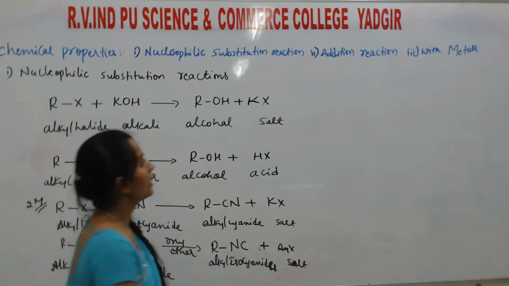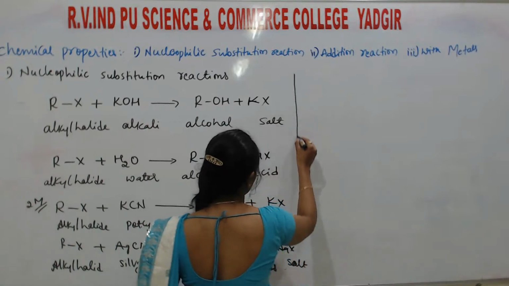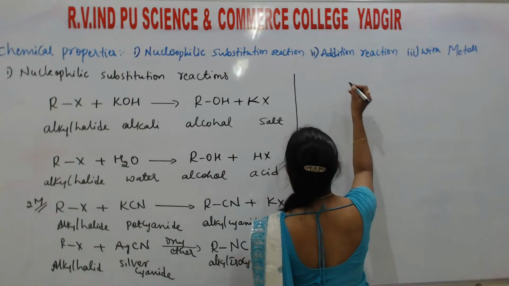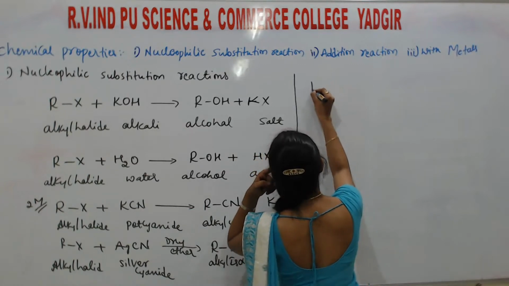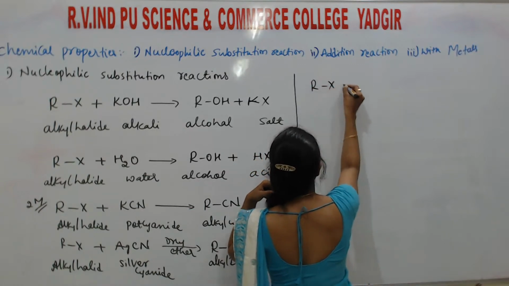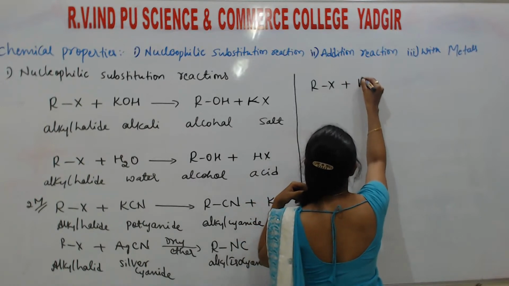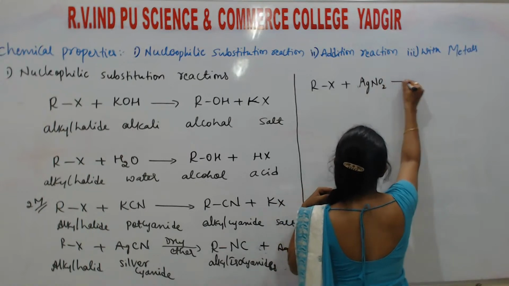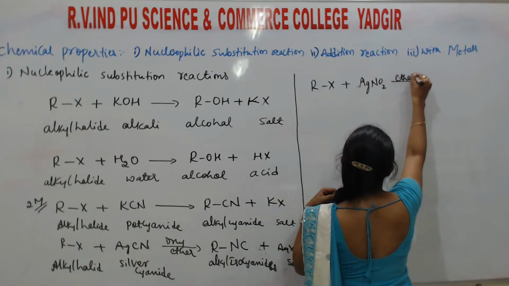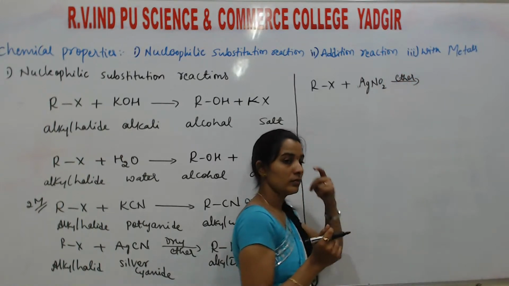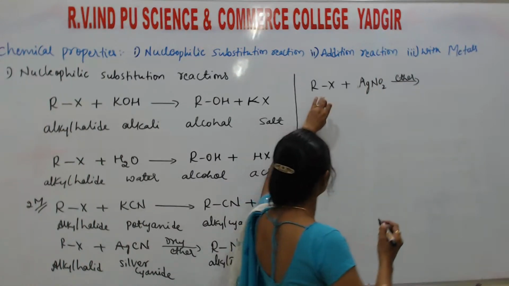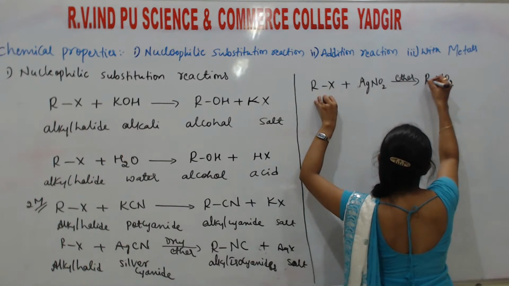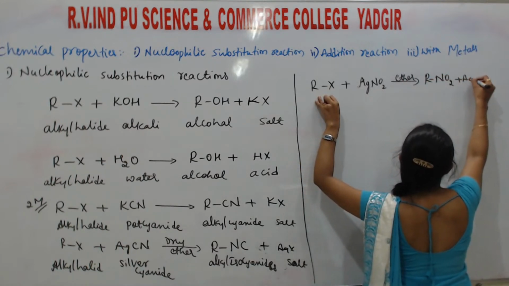Okay. Next, similarly, another one is, if an RX compound reacts with AgNO2 in presence of ether or acetone, again it forms RNO2 compounds plus AgX.